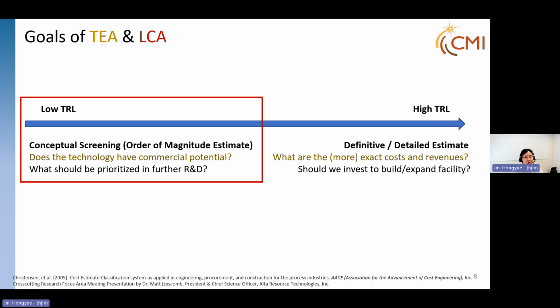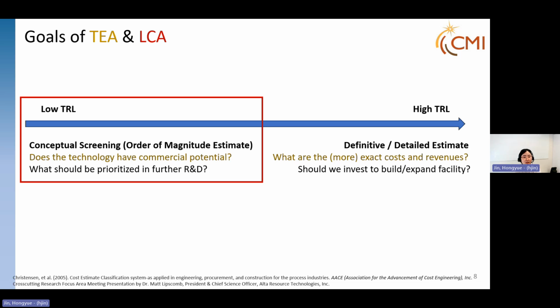As the technology is still under development with a lot of uncertainties and moving parts, the goal is to have a general understanding of whether the technology will have a commercial potential. Does the technology provide more value than existing products? And then we want to prioritize future research direction.